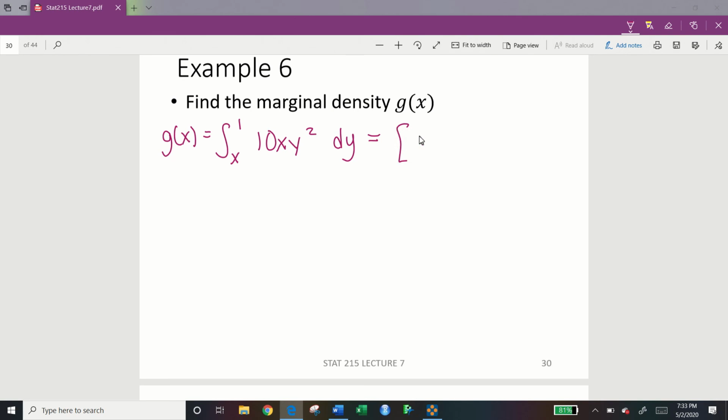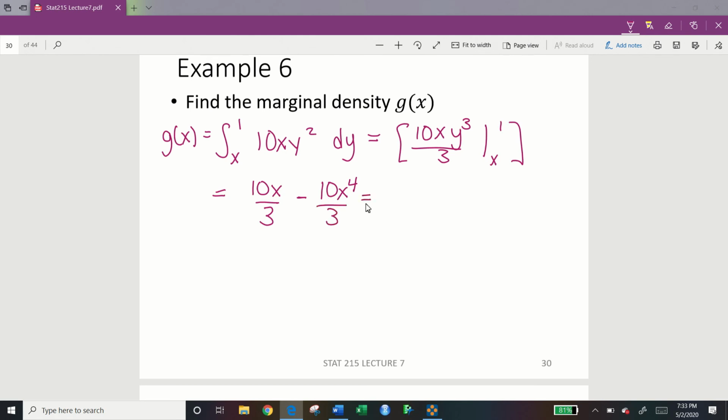So this will become 10xy cubed over 3 from x to 1, which will equal 10x over 3 minus 10x to the 4th over 3.